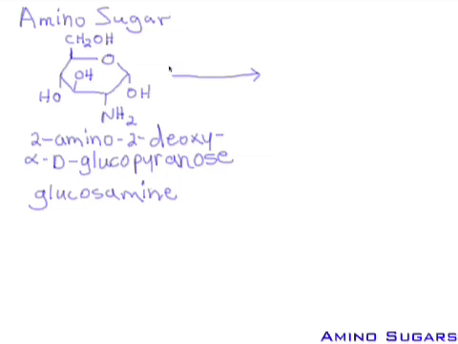We can modify the amino group to an amidyl group, N-acetyl, by reaction with acetyl chloride. So if I take CH3, C double bond O, Cl, and react it with this, I can produce N-acetylglucosamine.